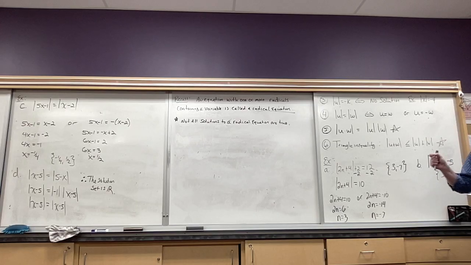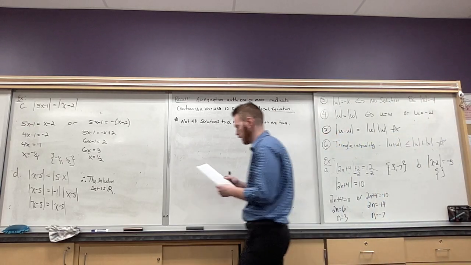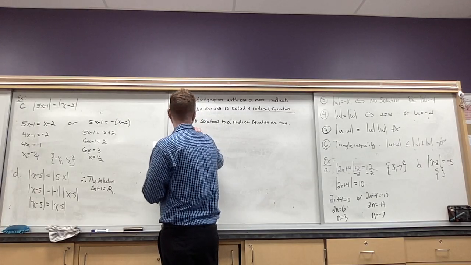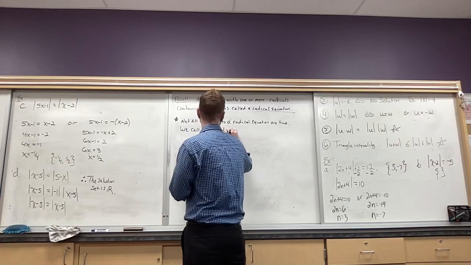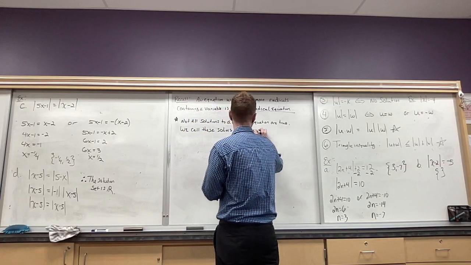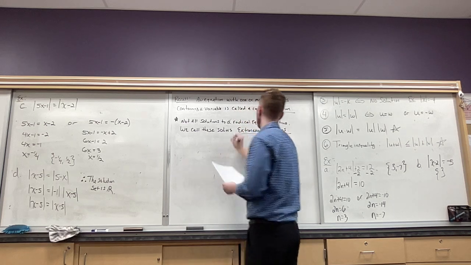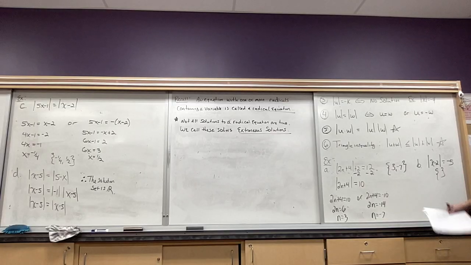And you'll see why this is the case, but your answers at the end might not all work. Okay? So we call these extraneous solutions, which you've heard of in the past. Okay? So if any of those do not work, we call these extraneous solutions.